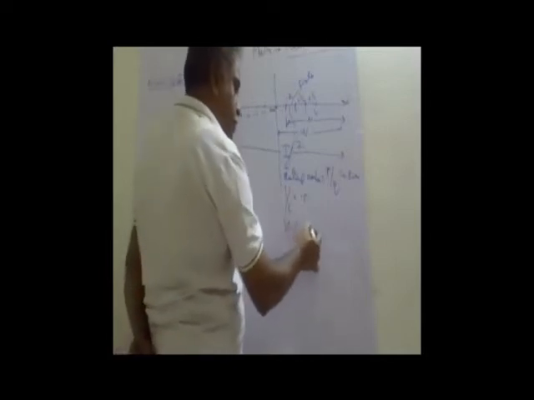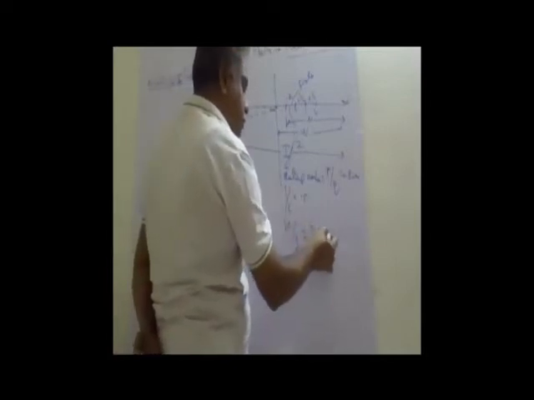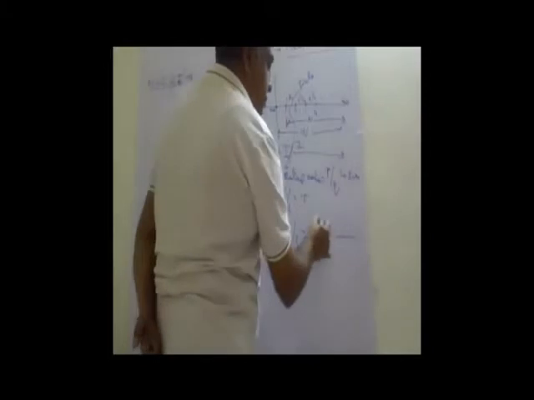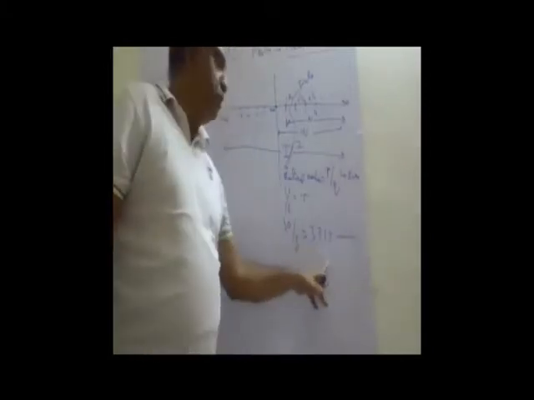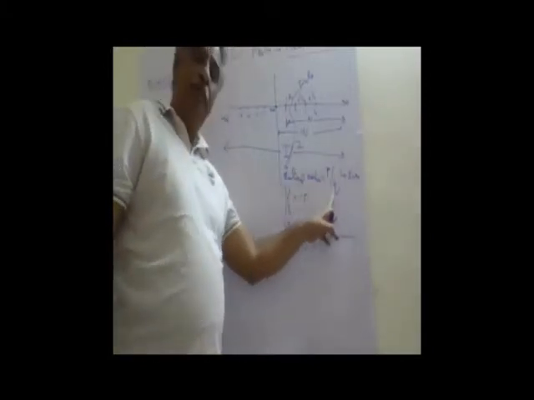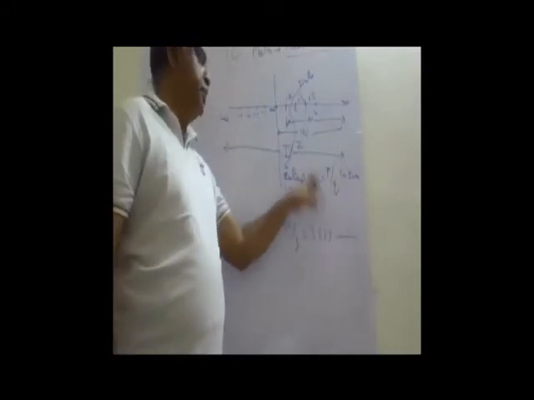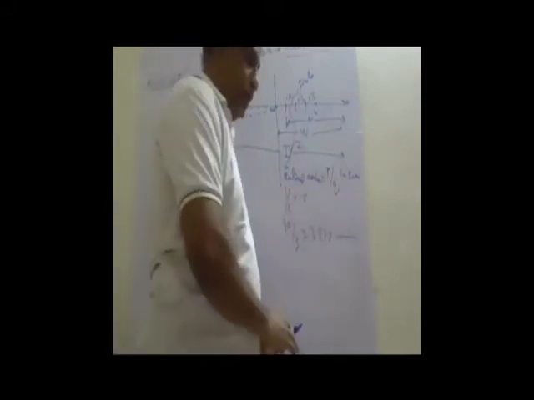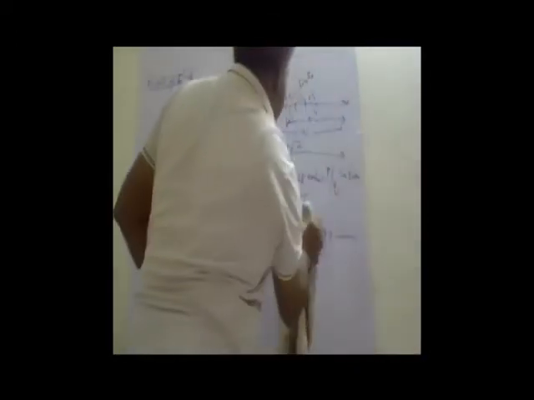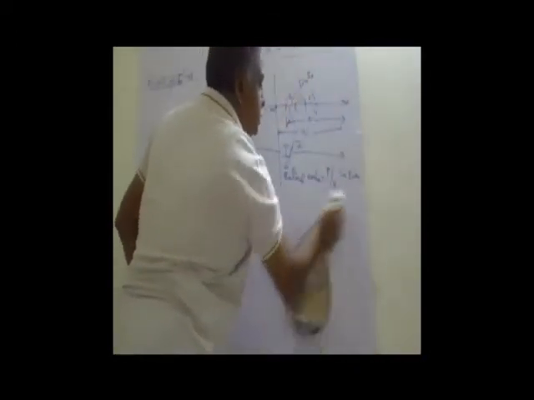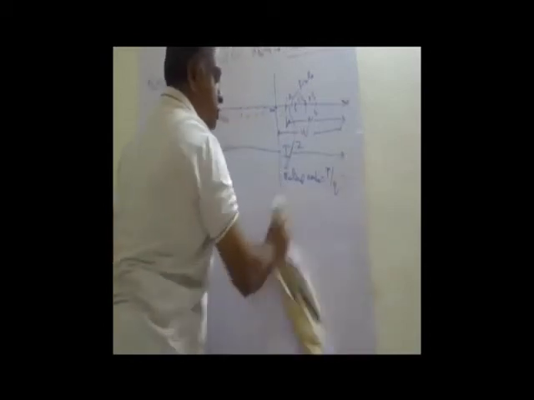This one is non-terminating, but both can be represented in the form of p by q, so both are rational numbers.